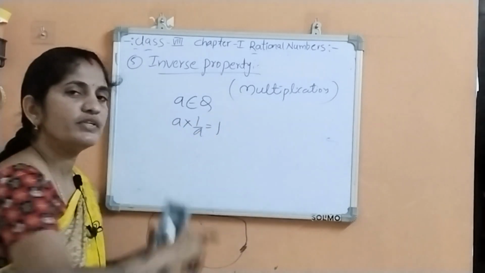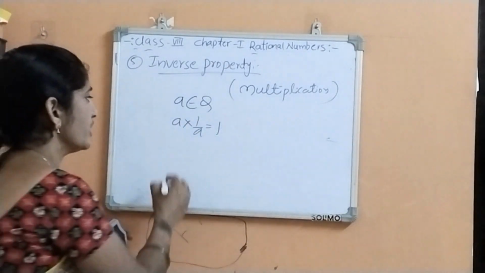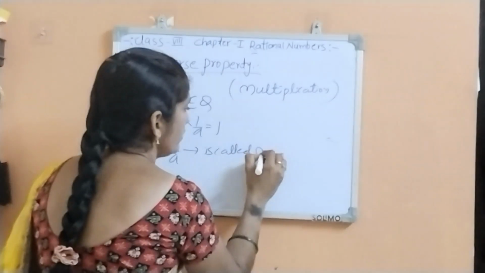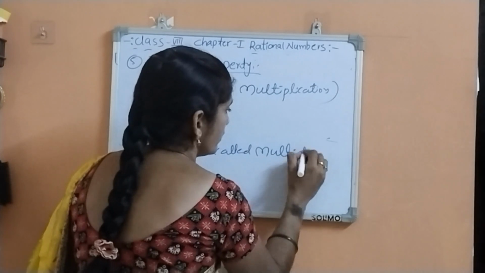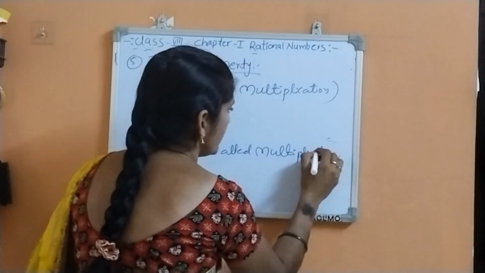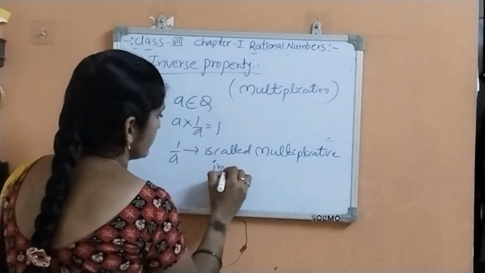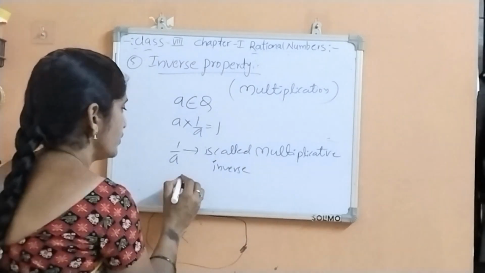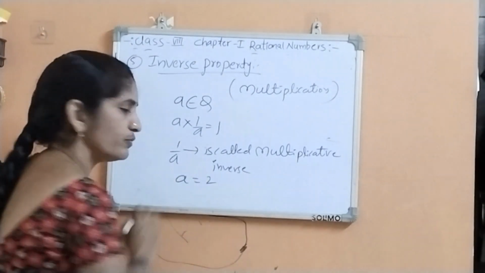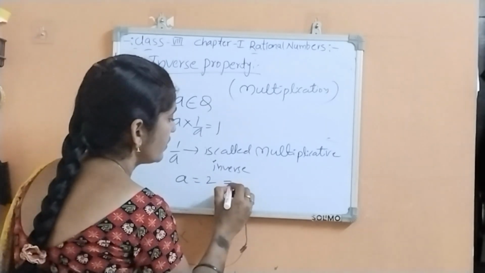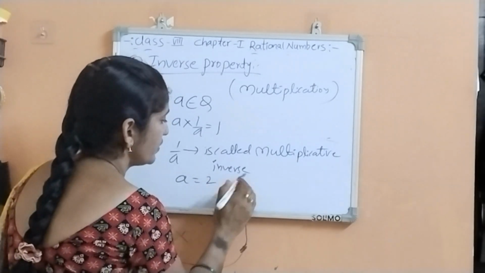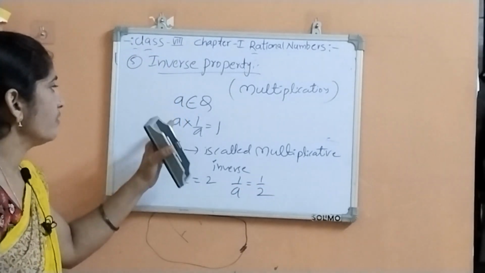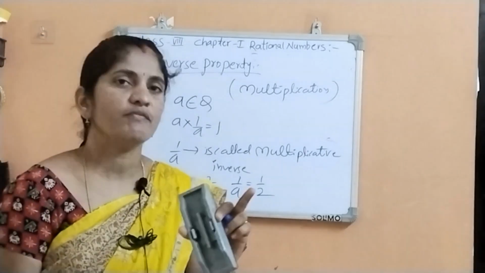By multiplying a with 1 by a, we get 1. So 1 by a is called the multiplicative inverse in the rational number system. For example, if a equals 2, the multiplicative inverse of a means 1 by a, that is 1 by 2. So the multiplicative inverse of a equals 1 by a.